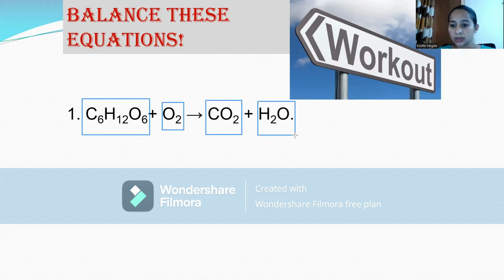Can you see, children? Inside those boxes, you are not supposed to change anything. Only behind those boxes, you can write something. I mean, you can write the numbers that help you for balancing.